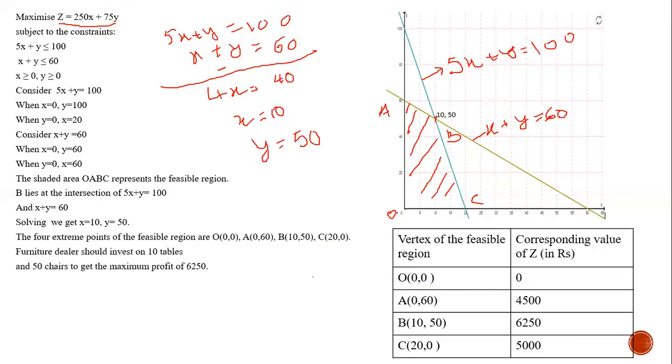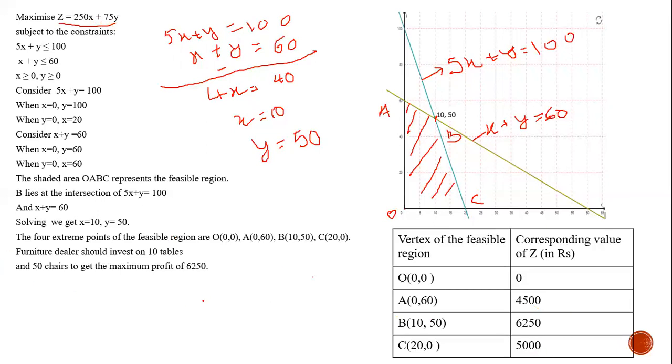We would get the objective value as 6,250. Similarly, let us substitute the last corner point, the point C. C lies at x = 20 and y = 0. When we substitute that, we get rupees 5,000.